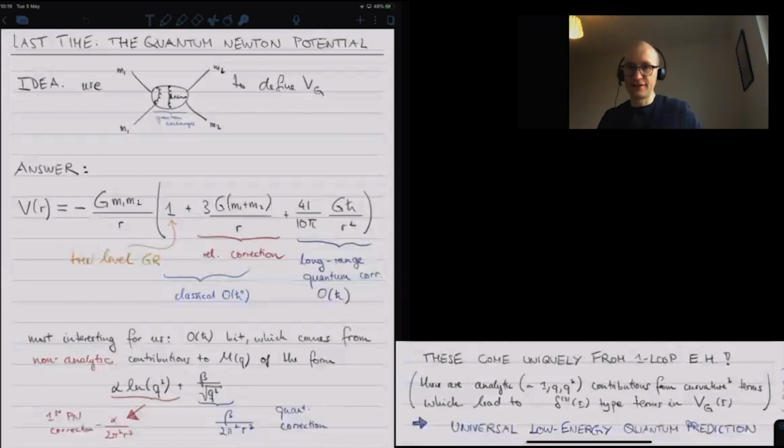In some sense, as a proof of principle of many of the things that we have learned, we discovered that we could use flat space quantum gravity as a low energy theory to make some unique quantum predictions about how gravity behaves. The main idea is that, because we are only interested in low energy physics, we can use the idea of effective field theory, and we can make GR work in that way.